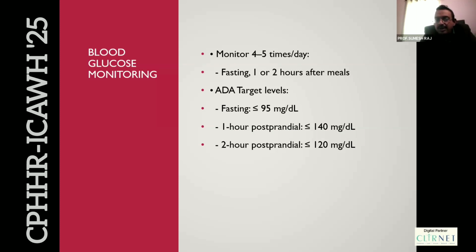This is very important to prevent increased weight of the baby, malformations in the baby, and hypoglycemia in the baby. So fasting less than 95 milligram percent, 1 hour postprandial less than 140, and 2 hour postprandial, that is the conventional 2 hour PPBS, less than 120.